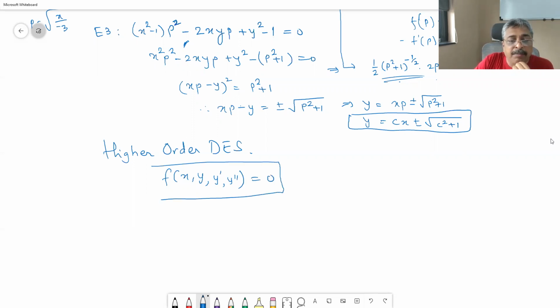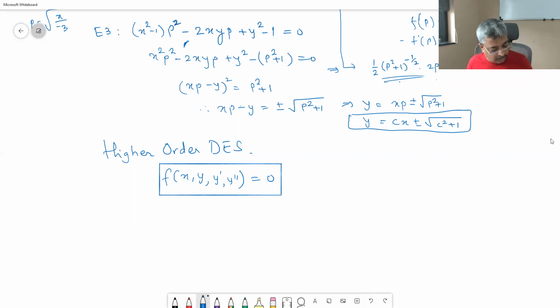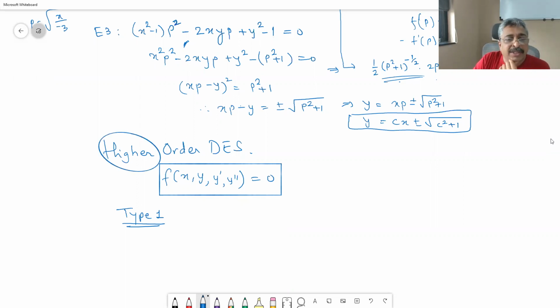So how do we tackle them? It's something which we need to learn. Type 1. If we have a differential equation of this kind, essentially we are looking at second order. Higher is for your engineering study. Presently in IIT, maximum second order.